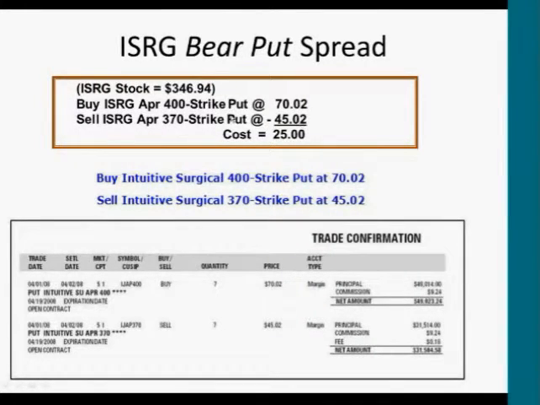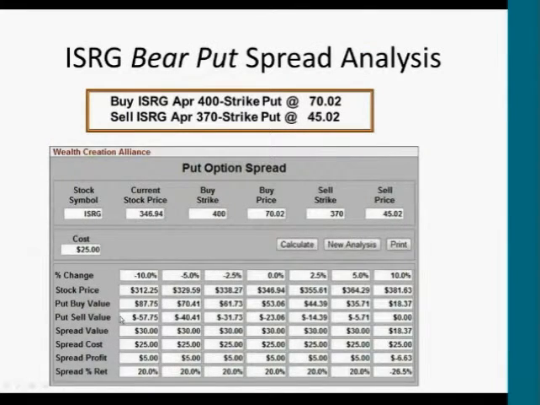Now the stock was trading at 346, so this spread was deep in the money, and the stock would have to drop below 346 for this to even start losing its profitability. This spread only had about 18 days to expiration. So when I put the spread on, these options expired 18 days later.